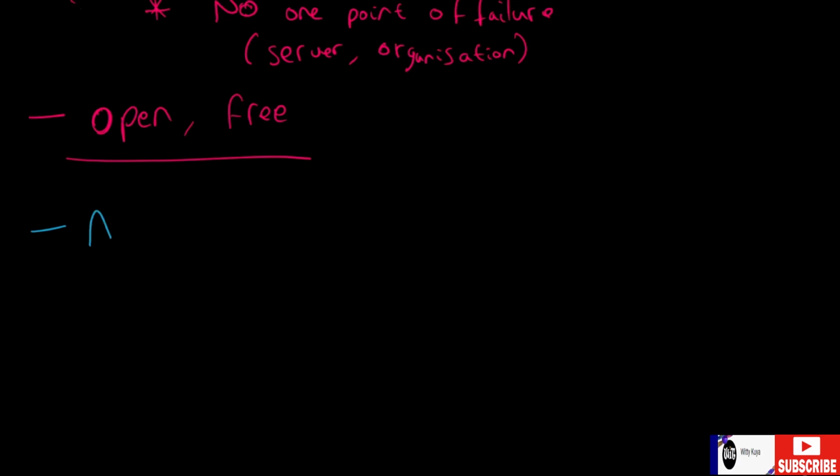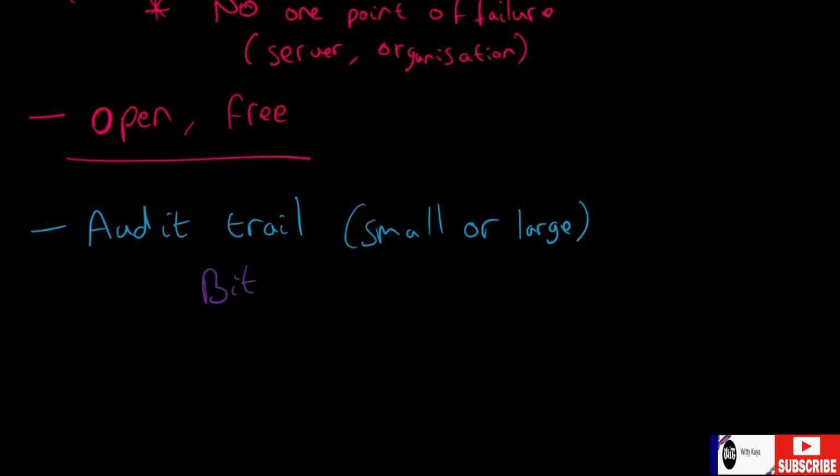Another great thing is it provides an audit trail the likes of which has never been seen before, whether that's for small or large use case scenarios. So in the case of money, for example, let's use the most widespread example, Bitcoin. If we're all using a cryptocurrency instead of the conventional fiat currency, it's all open.